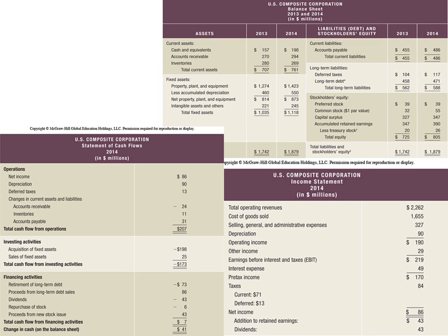And finally we have the proceeds from a new stock issue of 43. How do we know that number? Well, we can look at our shareholders' equity. Notice preferred stock has stayed the same, so nothing's changed there. But our common stock has gone up by 23. That's 55 minus 32. And our capital surplus has gone up by 20.